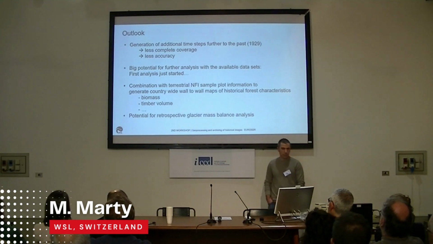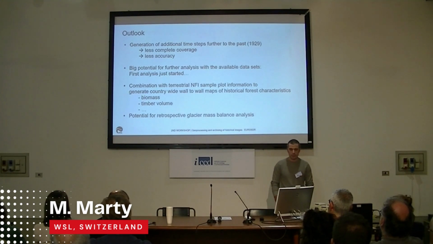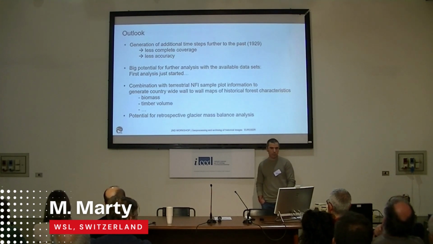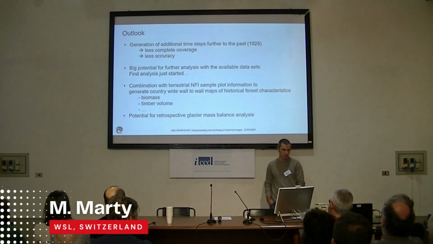Another interesting topic for us could be to combine these digital vegetation height models with the NFI sample plot information. In this way we could generate country-wide wall-to-wall maps of historical forest characteristics, like for instance biomass and timber volume.